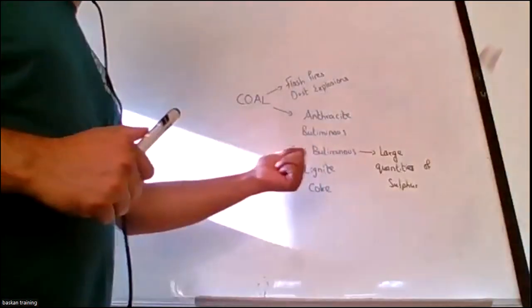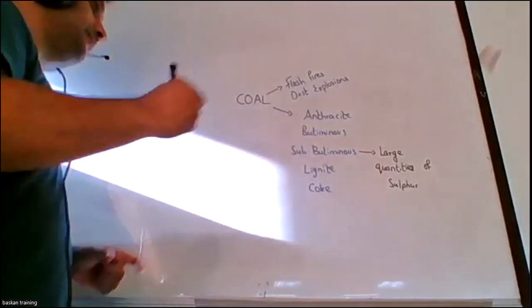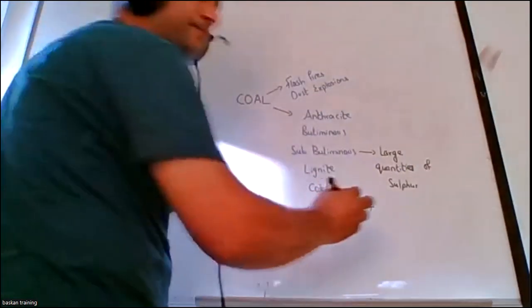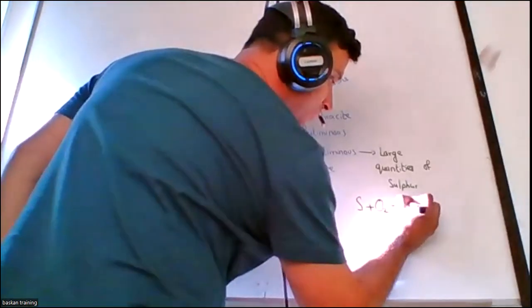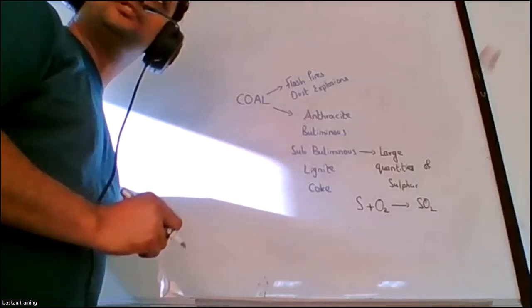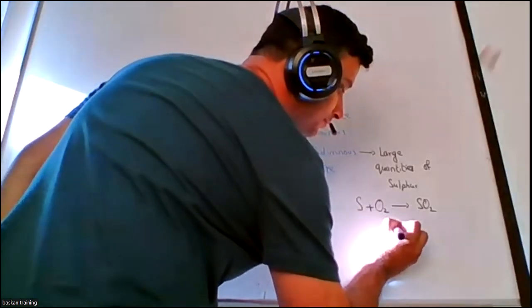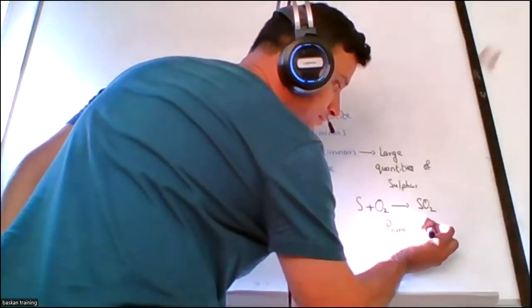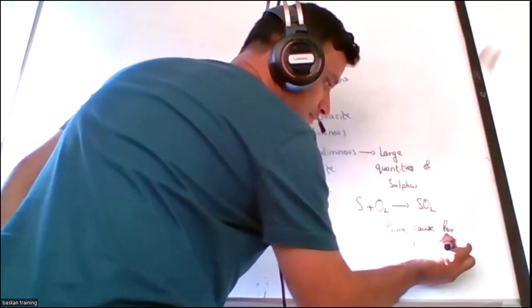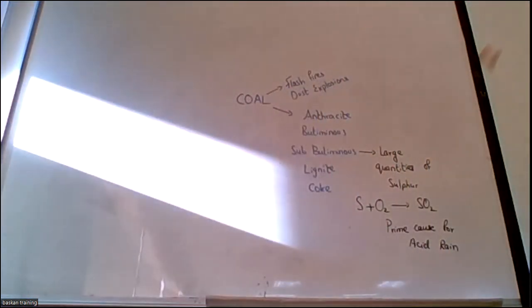Subbituminous type of coal contains and releases large quantities of sulfur. When this sulfur is released and reacts with the oxygen in the atmosphere, it gives sulfur dioxide. Sulfur dioxide is considered to be the prime cause of acid rain.